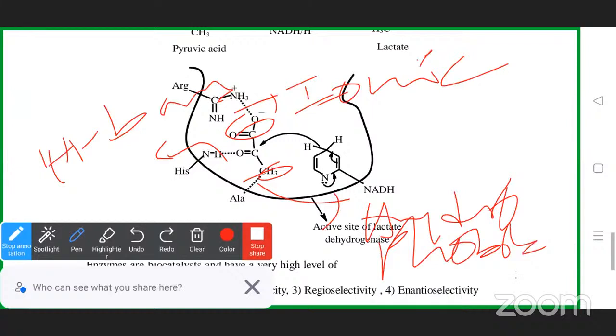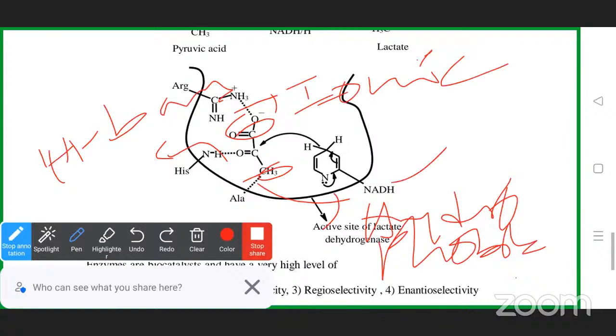Hydrophobic interactions. So in this way, you can see the various possible interactions. The pyruvic acid will be occupying the receptor active site, the receptor being your lactate dehydrogenase, forming the various interactions. Then in this active site where the reaction takes place, the substrate molecule is converted into the product.